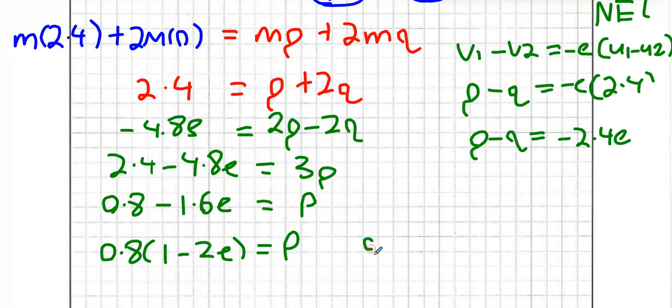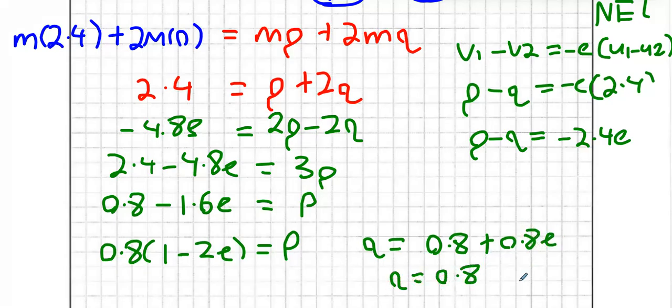And similarly, Q came out to be 0.8 plus 0.8 E, and then Q turned out to be 0.8 into 1 plus E, using the same sort of math.